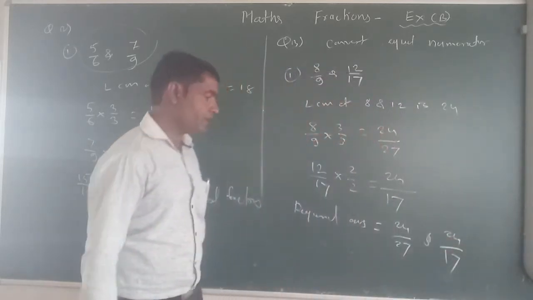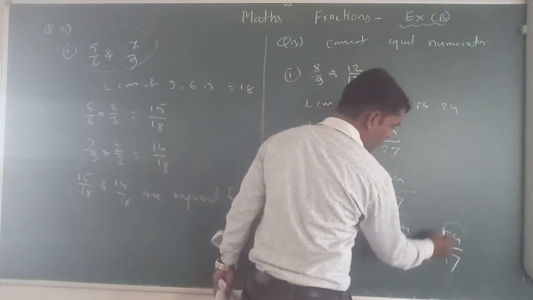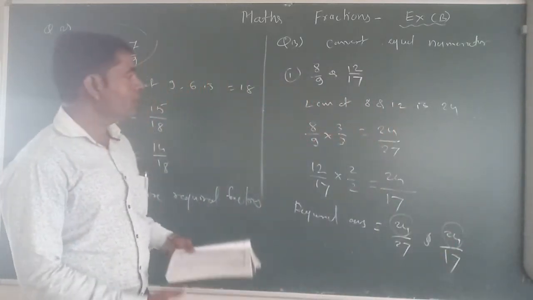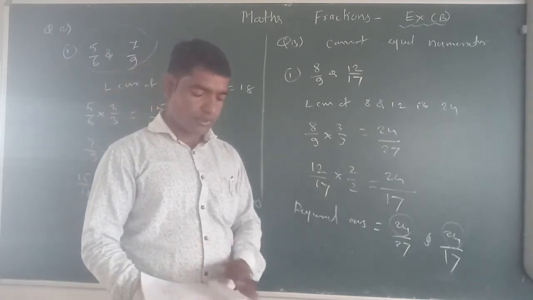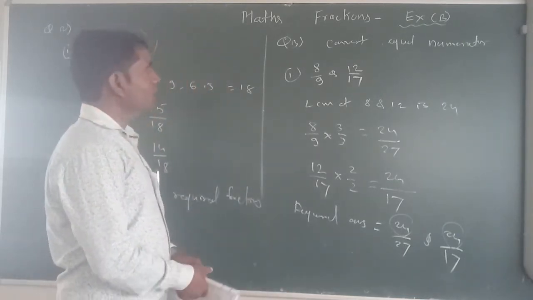We have made the numerators equal. See, 24, 24. Like that you can convert them into equal numerators. These are the problems based on conversion.